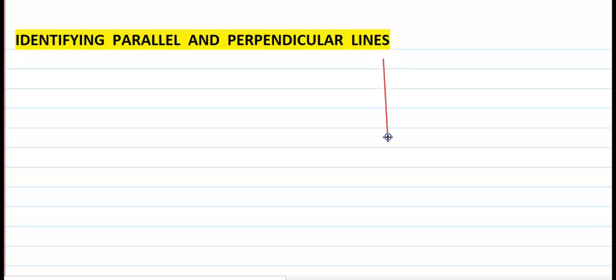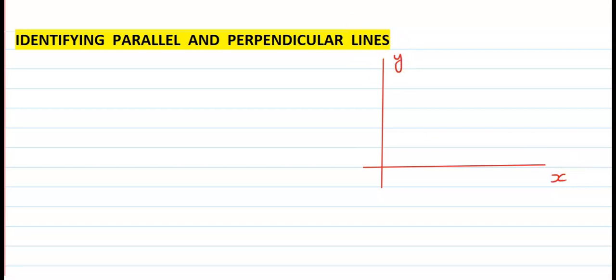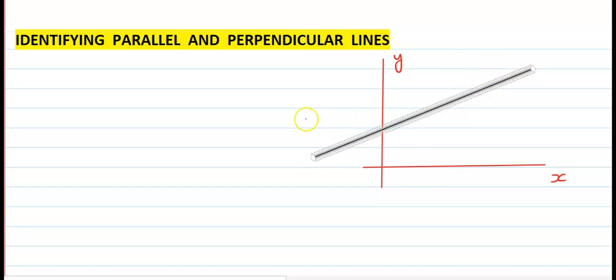This we have discussed with you. If this is the x-axis and y-axis here, and there is a line which is crossing here, we can extend it to this point, and it is meeting on this line.